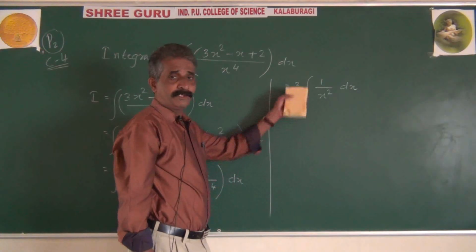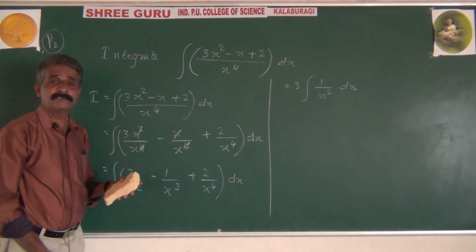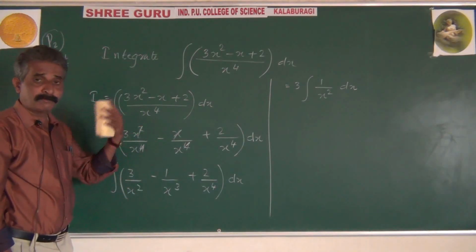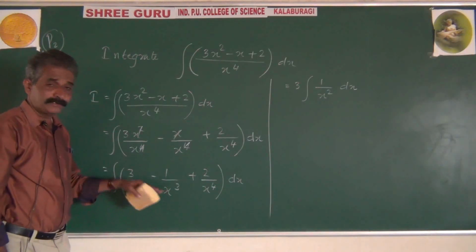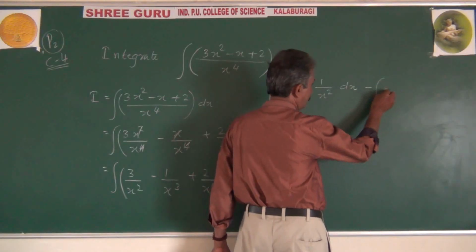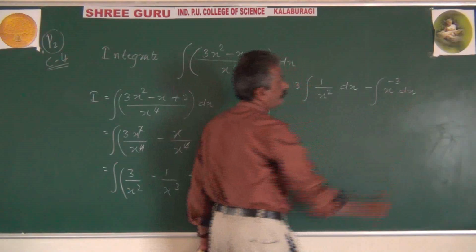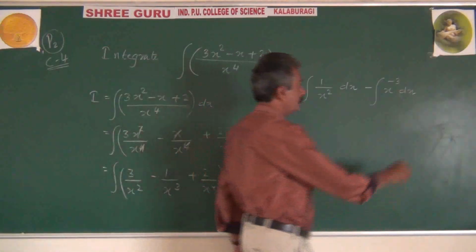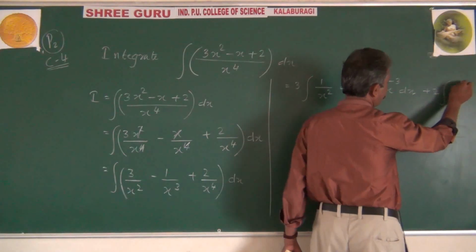But even then, we have a formula for this from last class: integration of 1 by x square is minus 1 by x. That's why I have not written it in power form. I kept it unchanged. Here we shall put it in power form. Minus integration x to the power of minus 3 dx plus 2 outside into integration of x to the power of minus 4 dx.